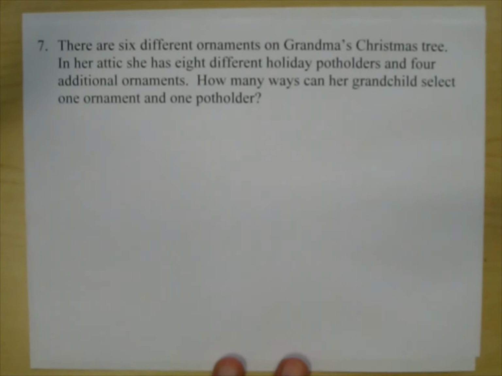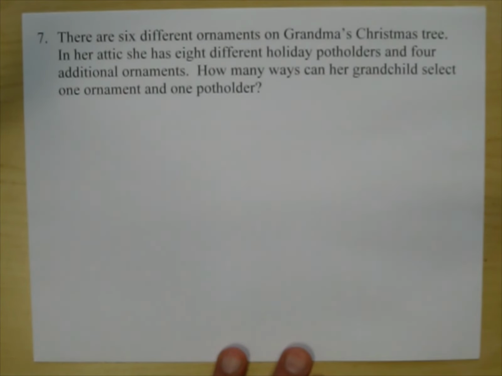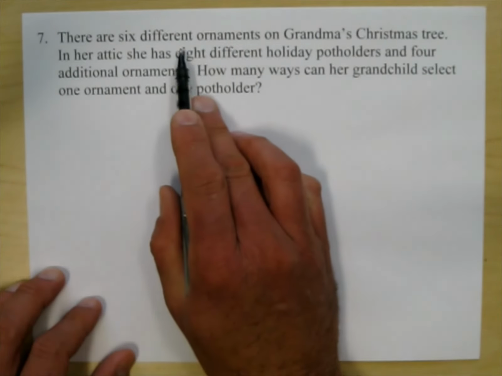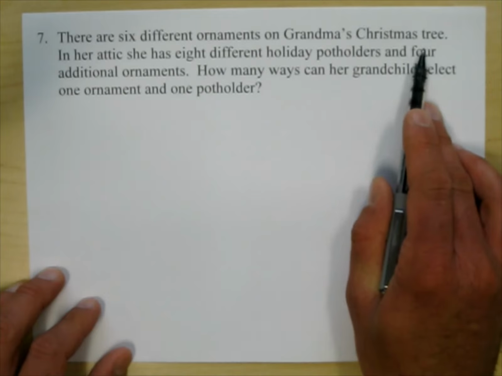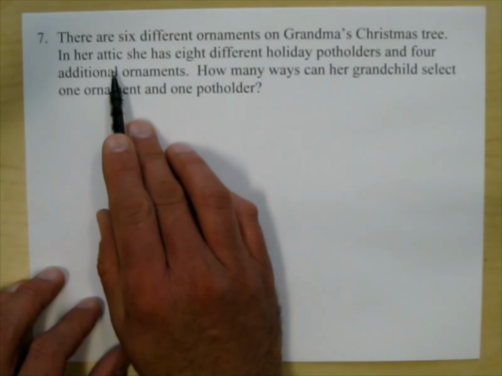Problem number 7, so it might be worthwhile to pause this video and see if you can figure out the answer to this problem. There are 6 different ornaments on Grandma's Christmas tree. In her attic, okay, so this is getting a little scary.